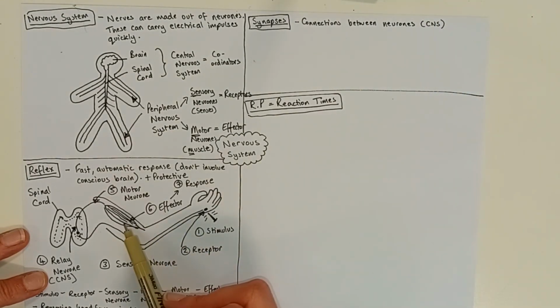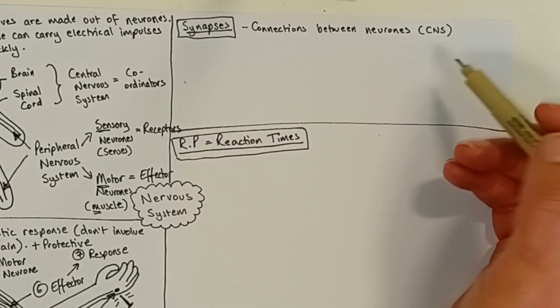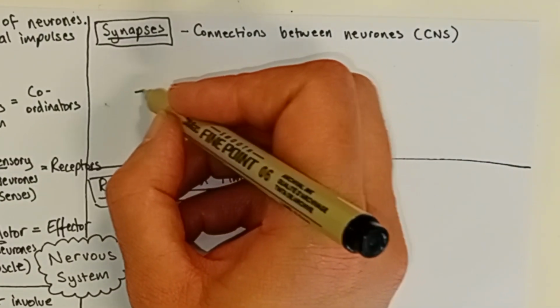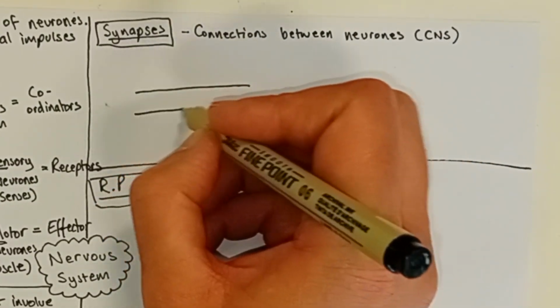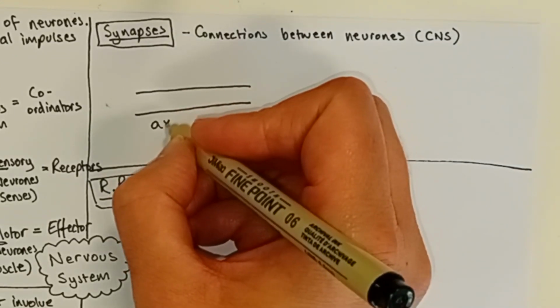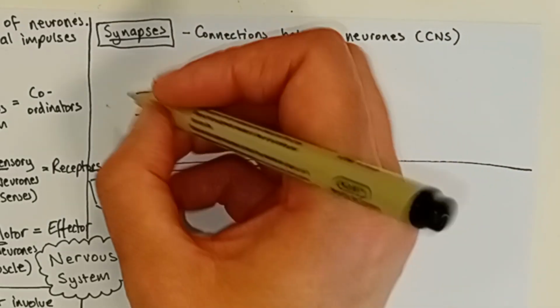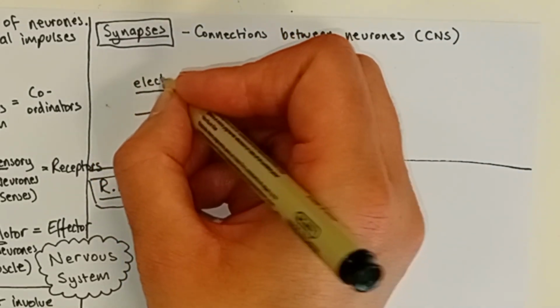They can also be found between motor neurons and effectors, but mostly they're found within the central nervous system. So remember then that neurons are long and thin. The long, thin part is called an axon. And the axon can carry an electrical impulse.